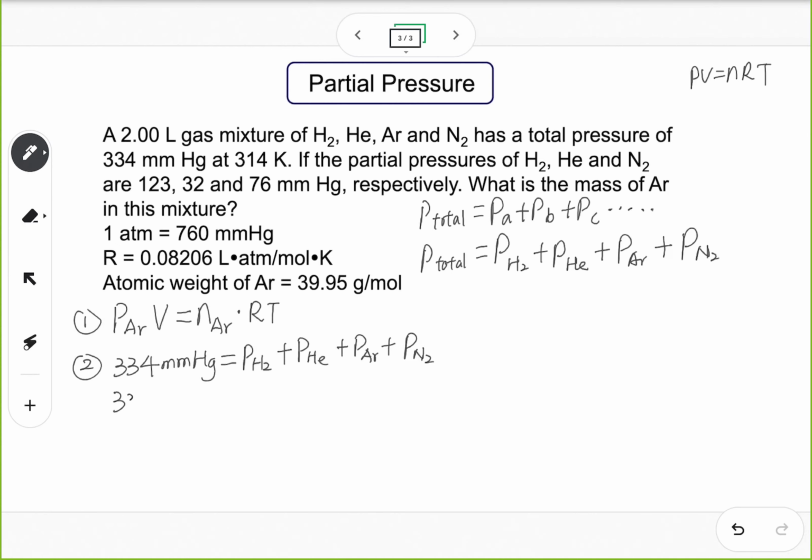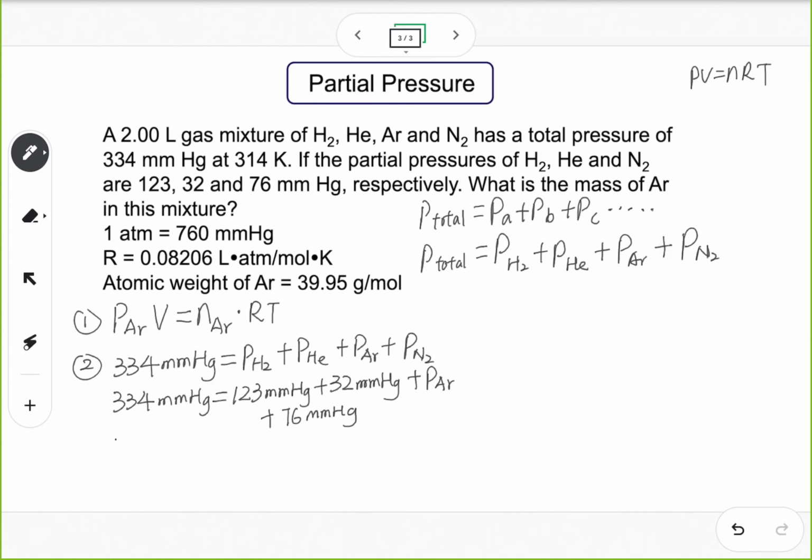Then that tells us 334 millimeter mercury equals P hydrogen, which is 123 millimeter mercury, plus helium partial pressure, which is 32 millimeter mercury, plus P argon, which is unknown, and P nitrogen, that is 76 millimeter mercury.